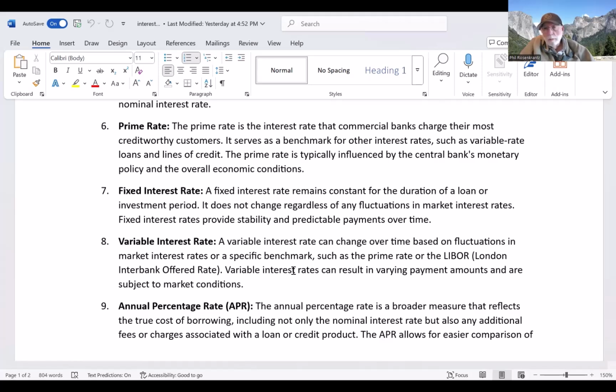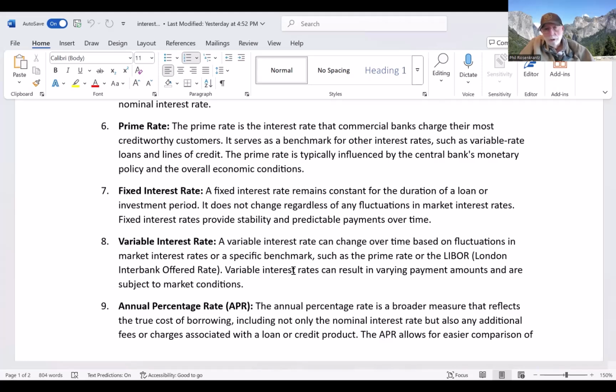But some people go ahead and get a variable interest rate because it is usually lower than the prime interest rate, because they're trying to use it to suck people into getting a loan, and they guarantee that for a certain period of time, you have a low interest rate, but after that period of time, it could be 1 year, 2 years, 5 years, then it switches to a market interest rate, which is usually a lot higher.